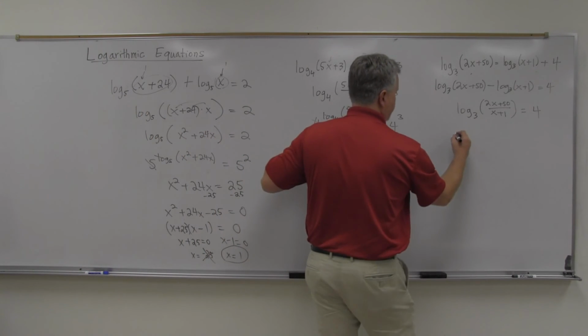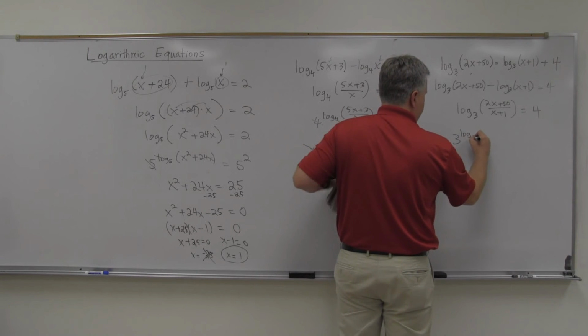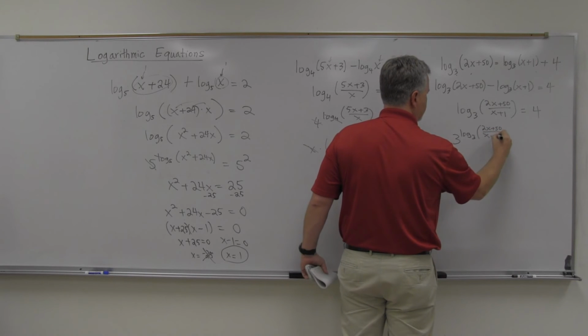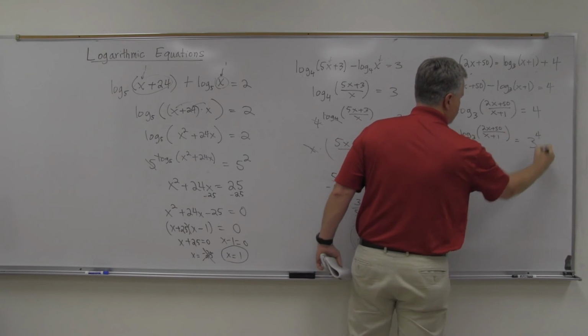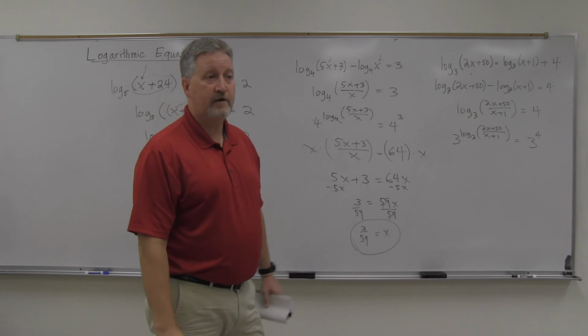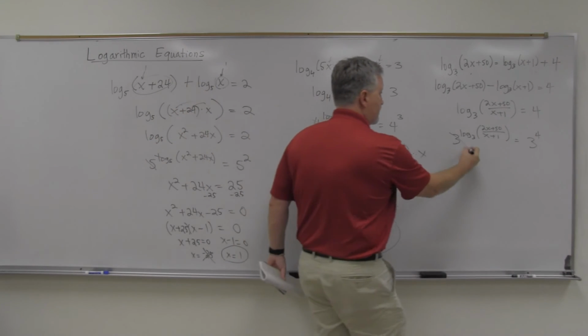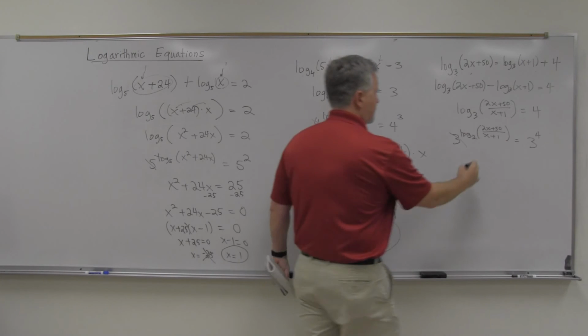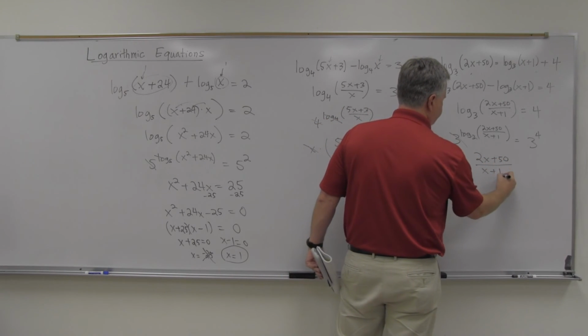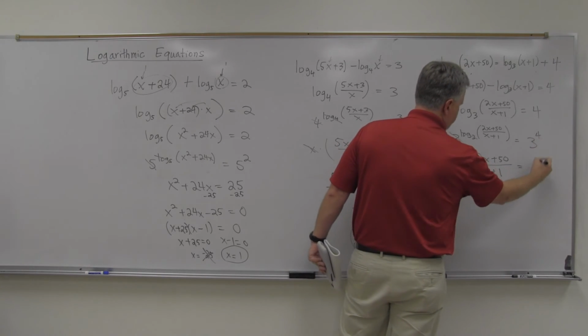It's base 3, so exponentiate both sides to base 3. Log base 3, that equals 3 to the 4, right? Cancel the 3 to the log base 3 out, so you've got 2x plus 50 over x plus 1 equals 81.